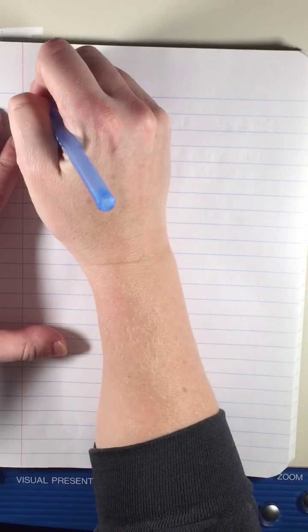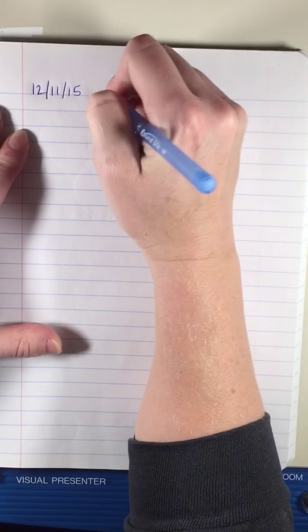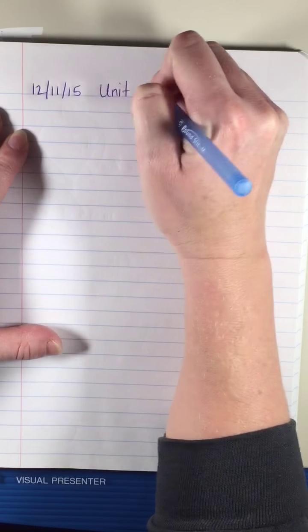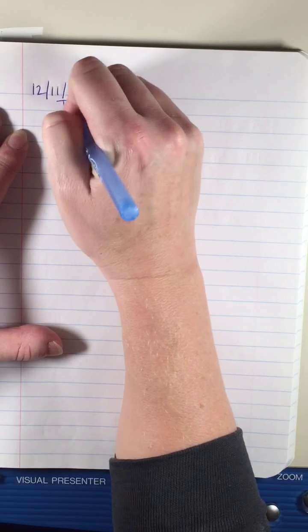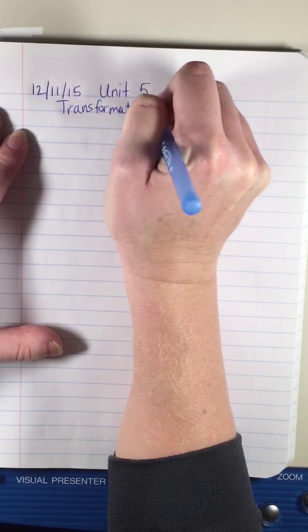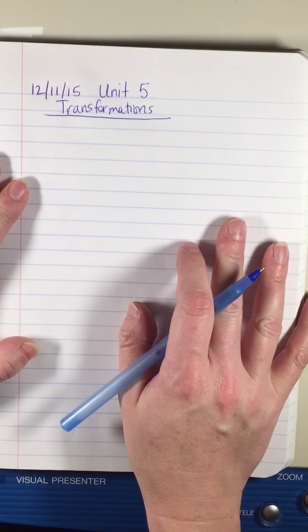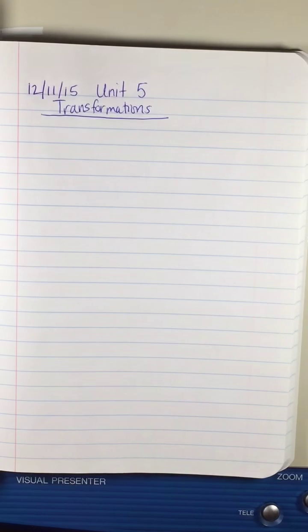So today is the 11th. And why don't you go ahead, it's Unit 5, our last unit, and it's titled Transformations. All right, I'll let you guys get all ready.